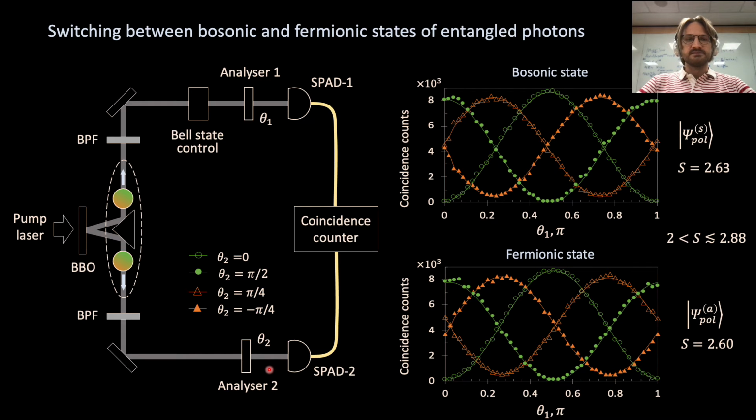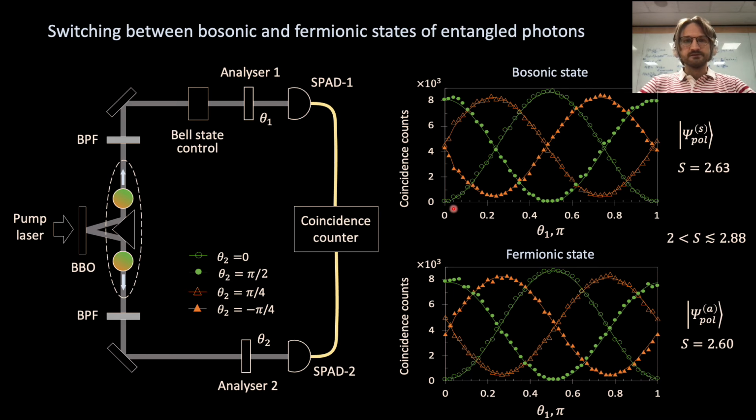In this type of measurement, one of the analyzers is fixed at one of these four angles, 0, 90 degrees, plus and minus 45, while the second analyzer is continuously rotated. And the coincidence counts between these two detectors are measured as a function of the angle of this analyzer.